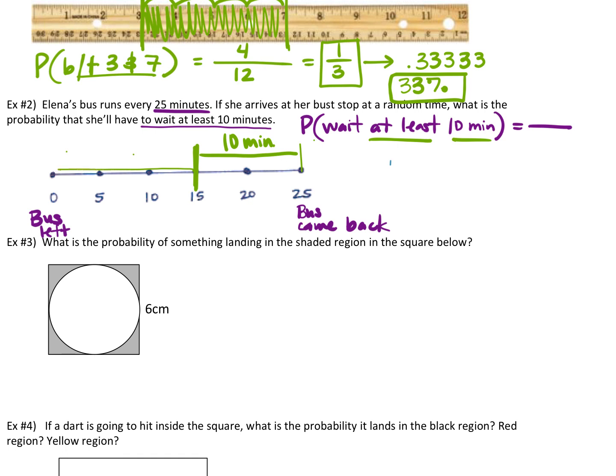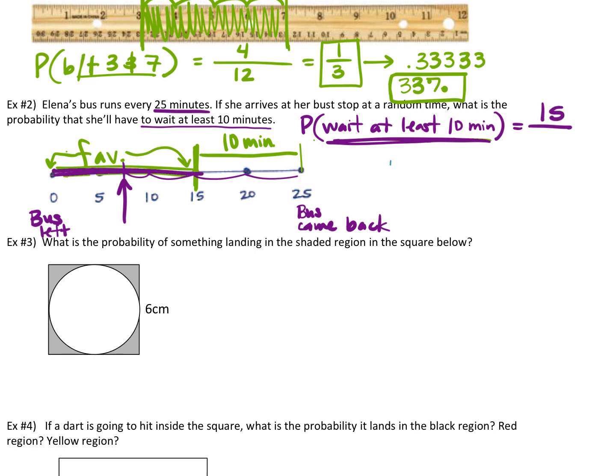So your favorable is this whole chunk, because if you showed up right here, you'd be waiting like 17 minutes, and we're saying you're going to wait at least 10 minutes is your favorable thing. So 10 minutes or more is the favorable. So your favorable is this 15-minute chunk.